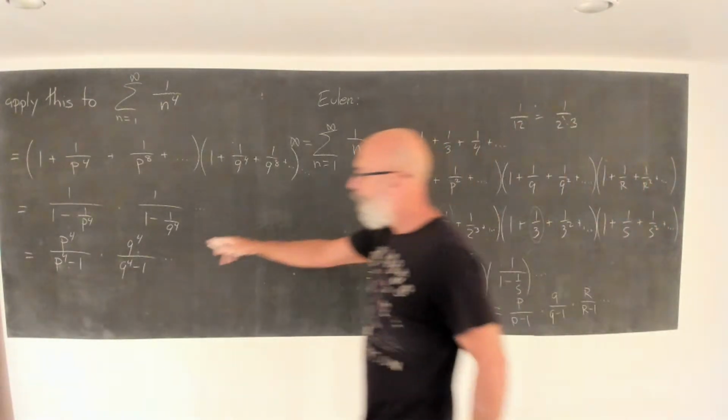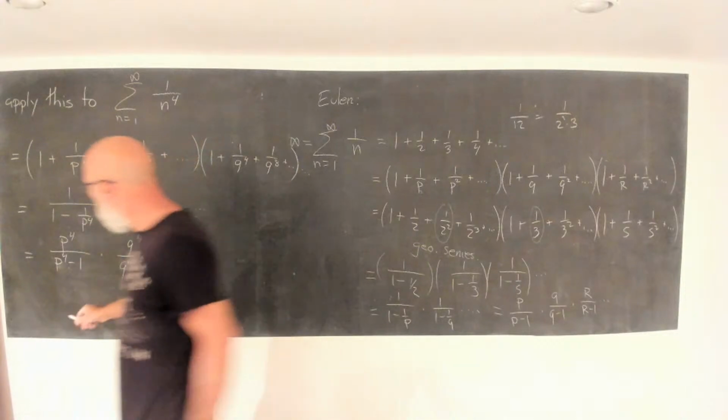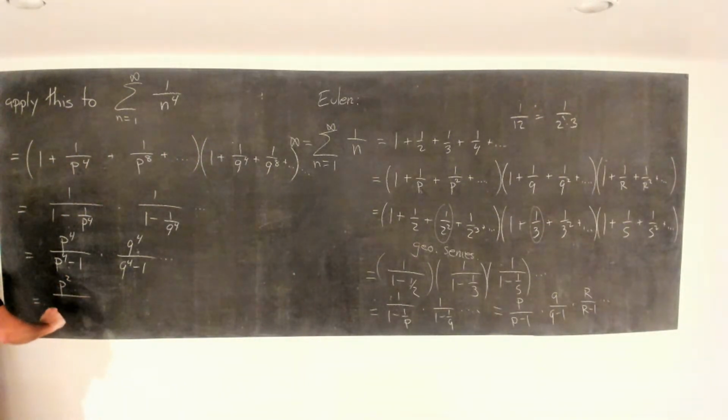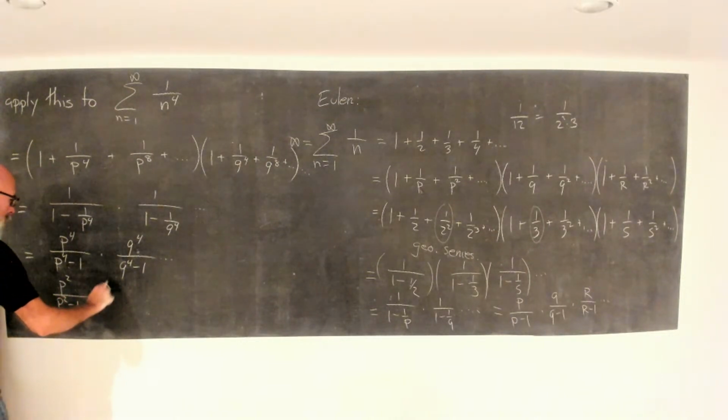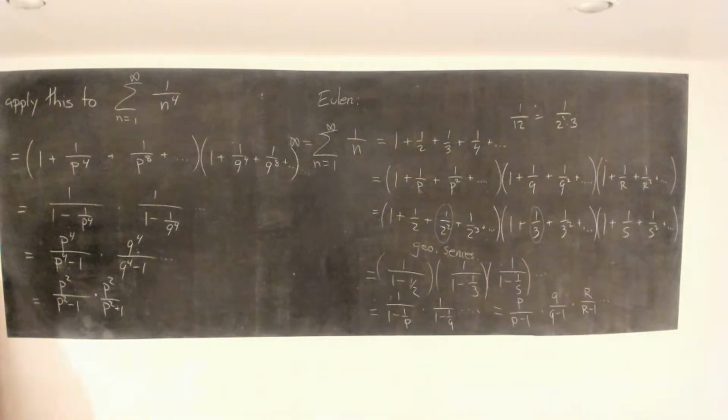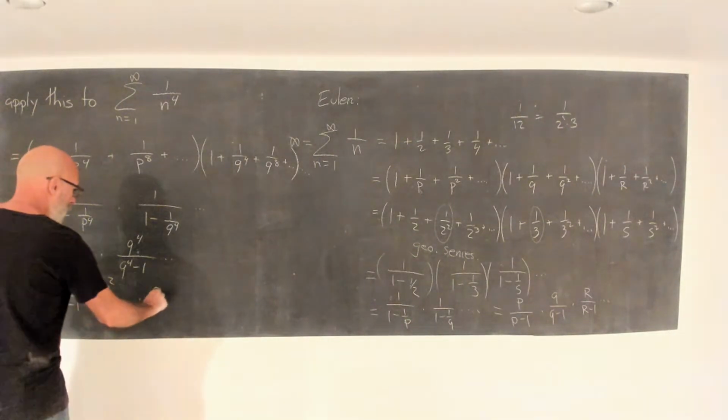But this factors nicely. This factors as p squared over p squared minus 1 times p squared over p squared plus 1. And same thing with that.